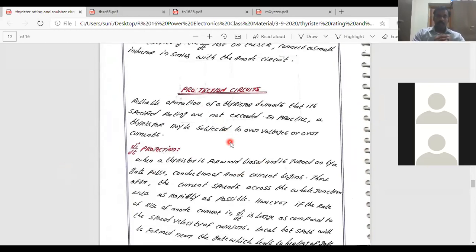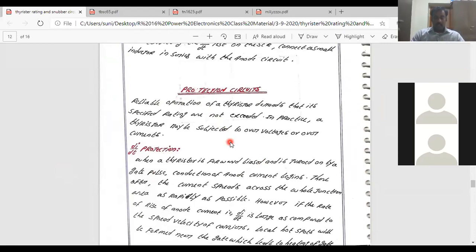Majorly out of all these specifications, we need to protect the device from two conditions. One is di by dt protection, and the other one is dv by dt protection. What happens if we do not consider di by dt protection? As in the earlier example, we may have a defined current of 50 amperes per microsecond.